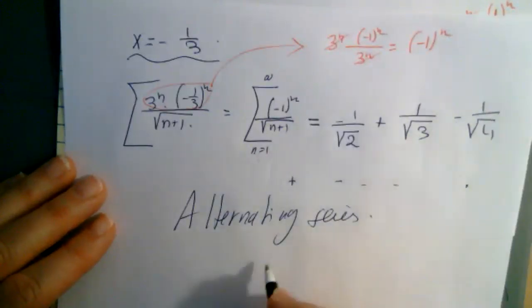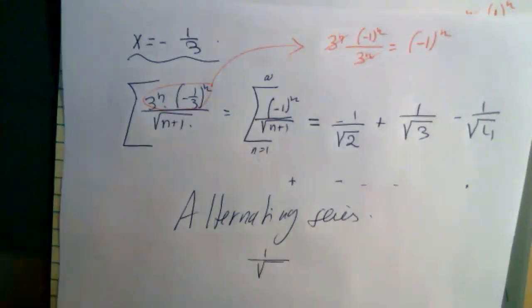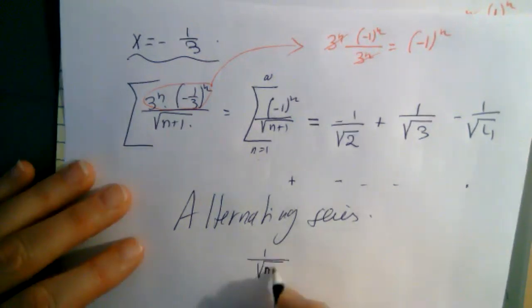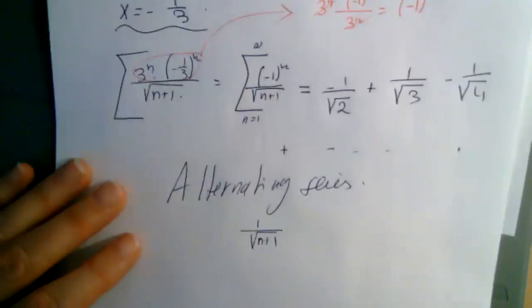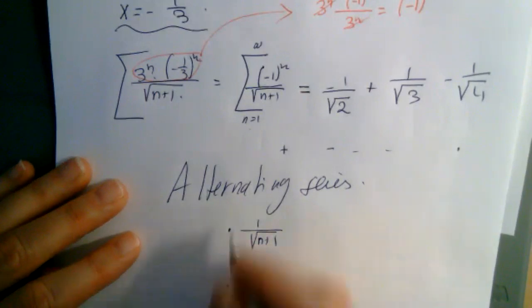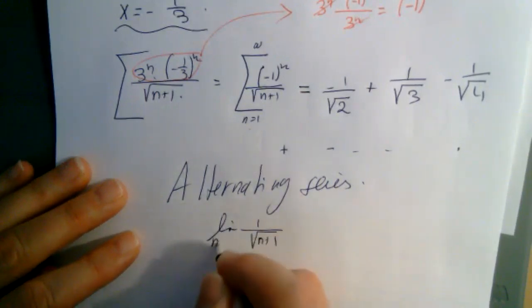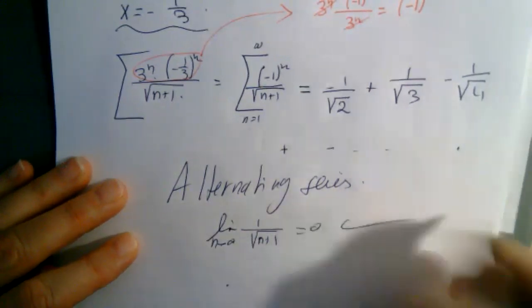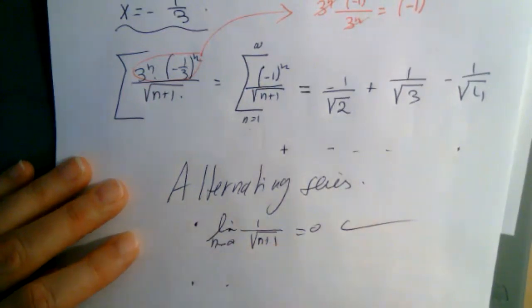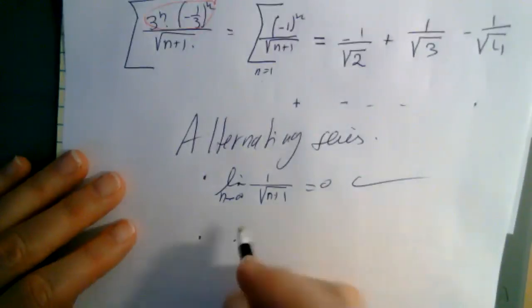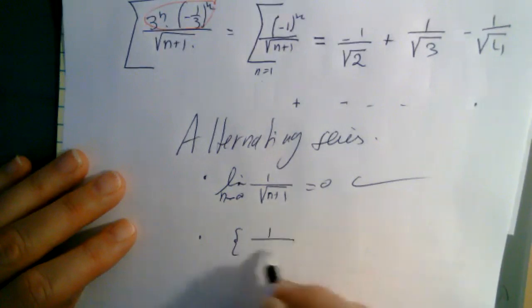The absolute values of the terms of the series are 1 over the square root of n plus 1. And definitely the terms go to 0. So the first piece of the alternating series test is satisfied. Second, the terms are decreasing.